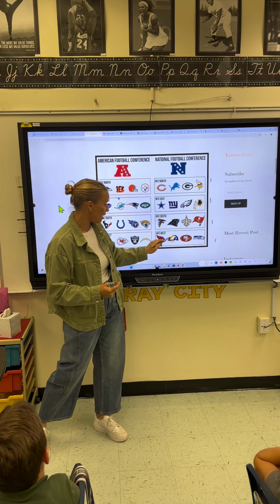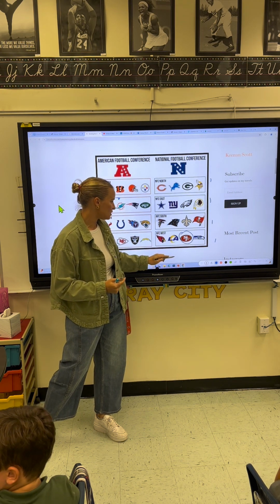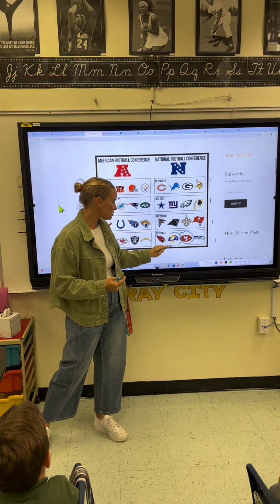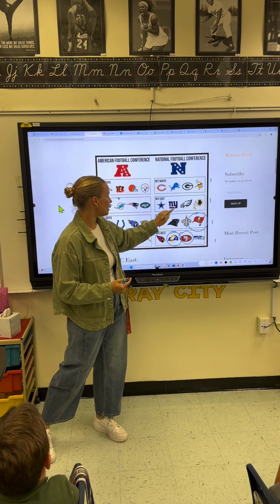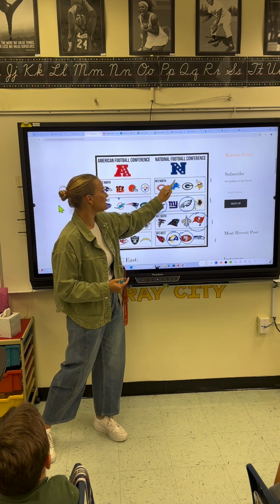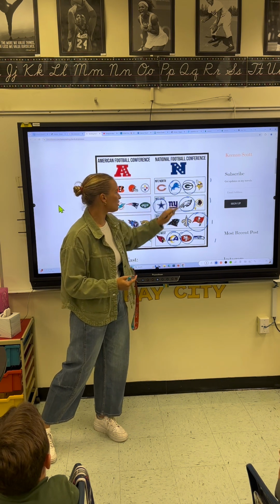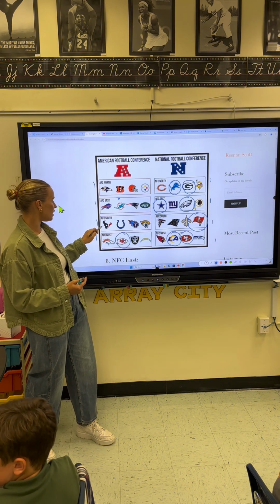Last year for the playoffs, the Niners went to the playoffs. The Rams, the Bucs, the Eagles, the Cowboys, the Lions, the Packers were in the playoffs. The Chiefs were in the playoffs because they won the Super Bowl.